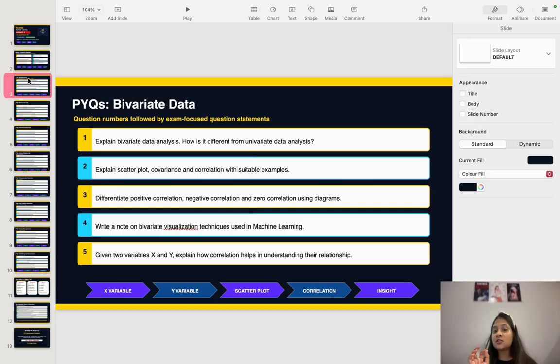If correlation is negative, one variable increases while the other decreases. Covariance also shows how two variables change together, but its value is not standardized. So correlation is easier to interpret than covariance.